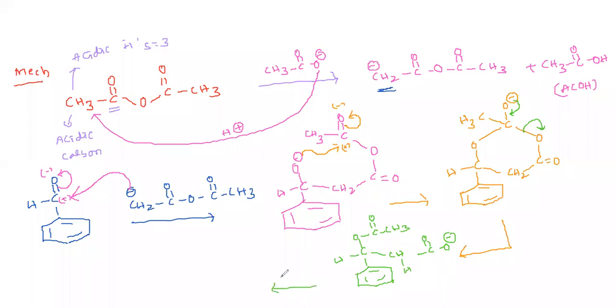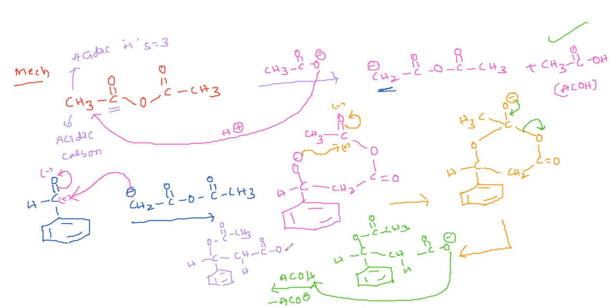Then we take the acetate ion. Where is the source of acetic acid? From this acetic acid, which loses an H plus ion, and this H plus ion attacks the O minus ion. Is it clear? So here we have CH, O, C=O, CH3, then CH, H, then C=O, OH.